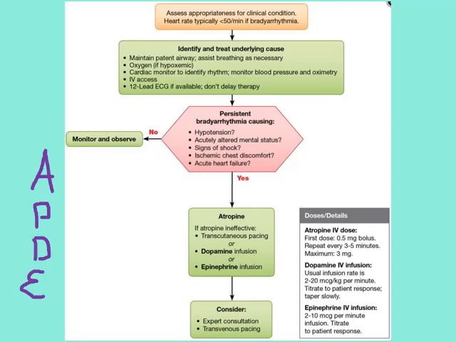If that doesn't work, pacing. Remember the steps of the pacing process: pacer, rate, current, capture. And that capture is electrical and mechanical. If that doesn't work, dopamine, 2 to 20 micrograms per kilogram per minute, and then an epi drip, 2 to 10 micrograms per minute. So remember that bradycardic algorithm.